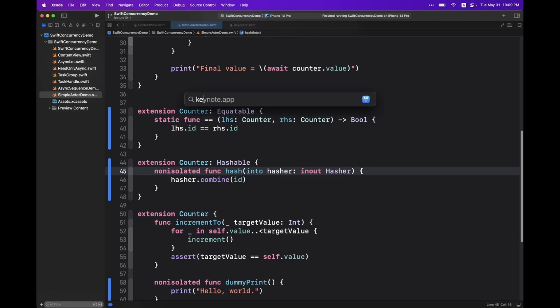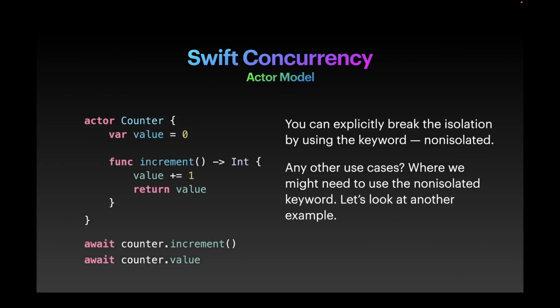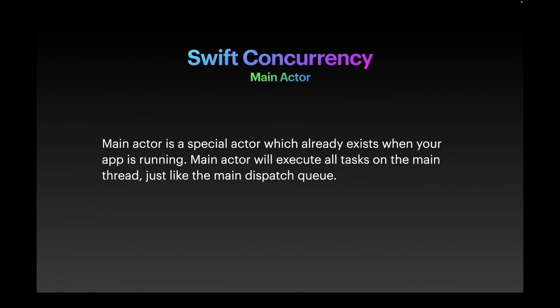Now let's go back to the slide and take a look. And yeah, that's another example I show you where we might want to use this nonisolated keyword. Now let's jump over to what we have discussed.